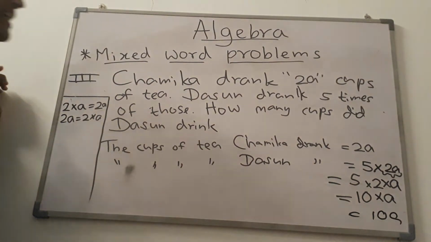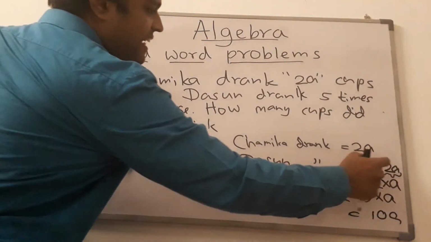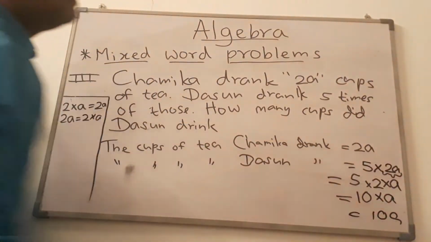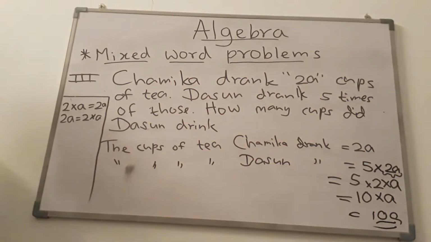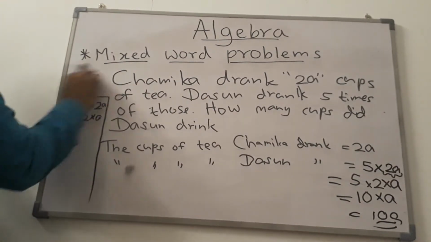Or we can straight away get the answer: 5 times 2 is 10, times A means 10A. So this is the final answer of the number of cups Dasun drank. Another example.